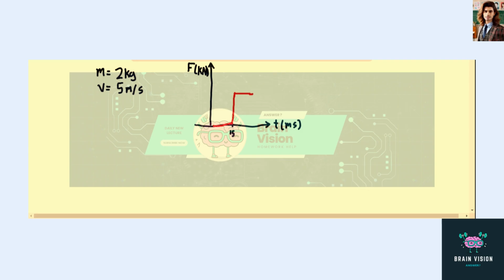Its force increases for about 1 millisecond till it goes back down to the original value at 16 milliseconds. At its peak, the force exerted upon it is equal to 2.5 kilonewtons. What we're to do is to find the impulse J exerted upon our stone.